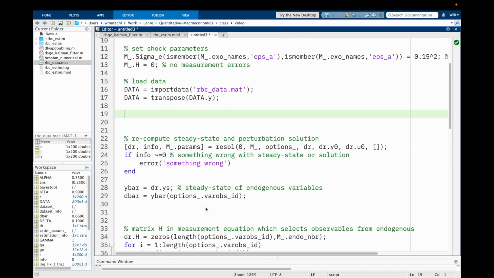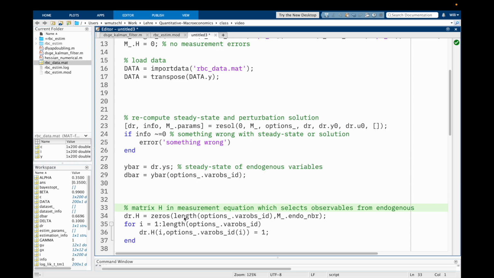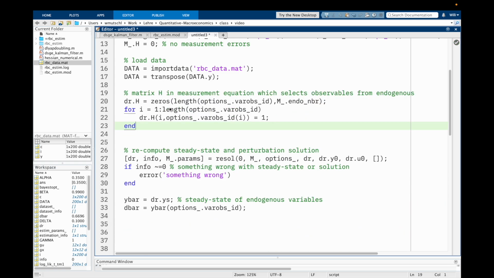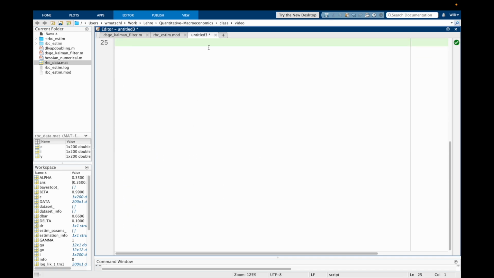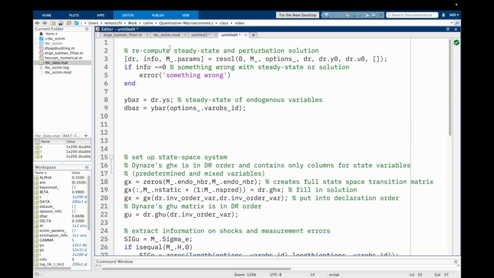Also, my selection matrix will always be the same. Good, and everything else I'll cut and put into a new function. I'm going to call this function DSGE log likelihood. And this is going to be a function of, I don't know yet, we'll see.